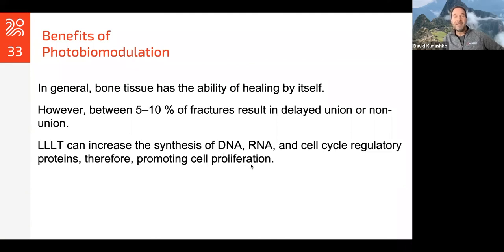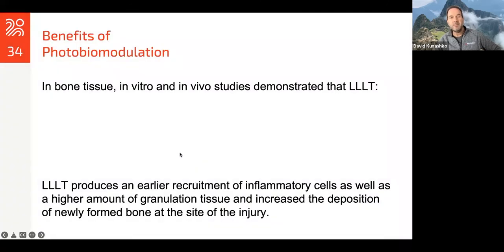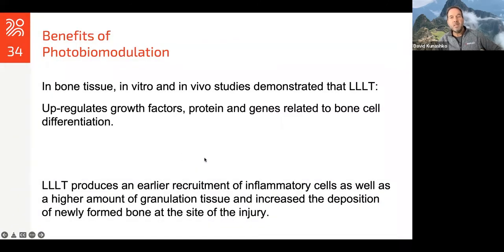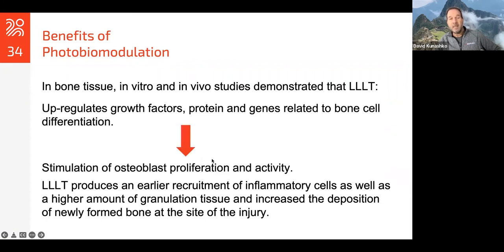Now, laser therapy can increase the synthesis of DNA and RNA, making proteins to help with bone repair. It can affect the cell cycle regulatory proteins and essentially increase the proliferation of bone cells. So it can upregulate growth factors, these proteins and these genes. It can stimulate osteoblast proliferation activity. It can provide earlier recruitment of inflammatory cells and granulation tissue, as in the research I mentioned earlier.